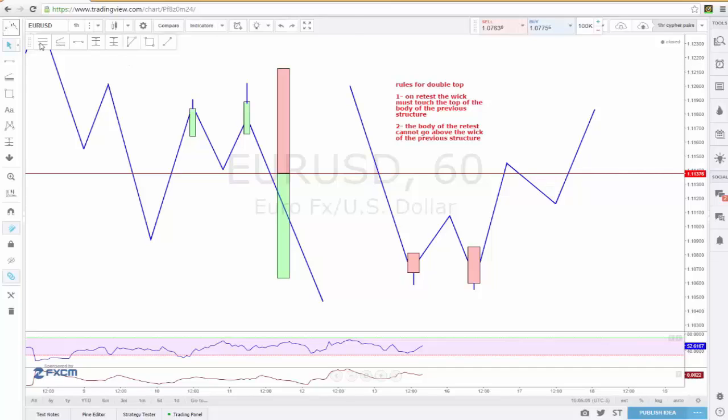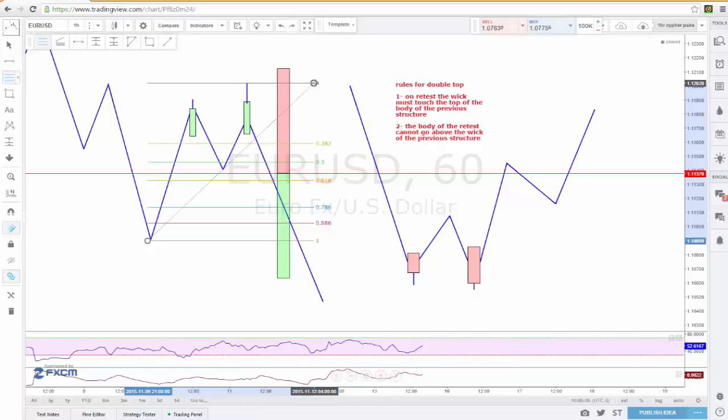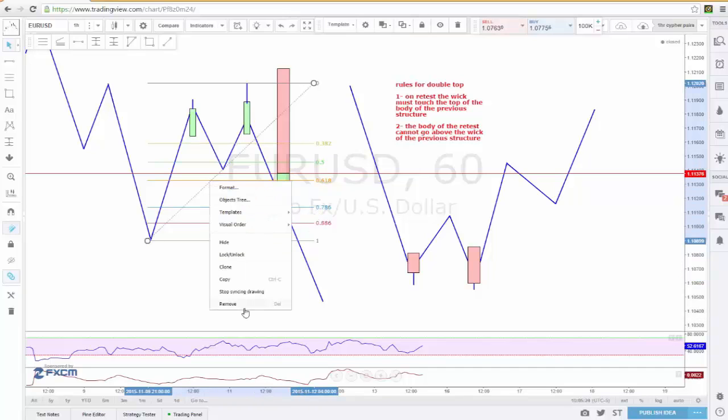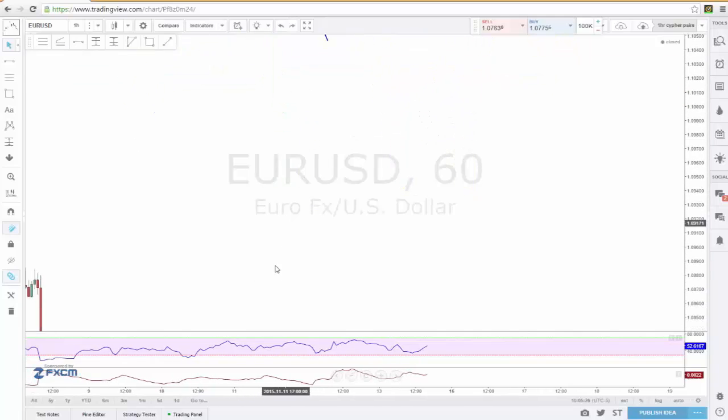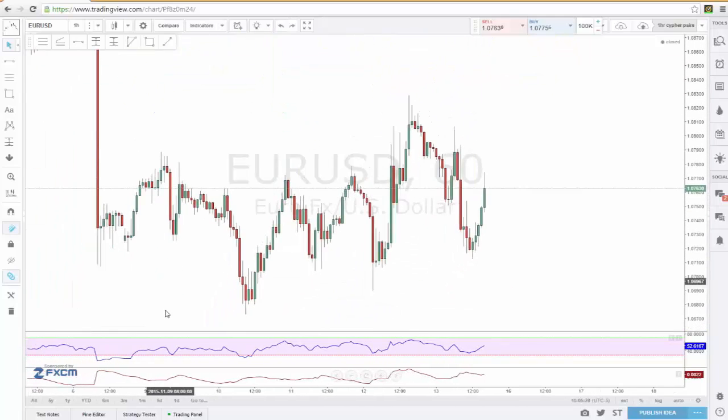For targets, you could take targets at a Fibonacci retracement of 786 or previous structure right here, and that doesn't give you a really good risk to reward, but I'm just giving you more examples of how you could possibly trade this when it comes to stops and targets. Alright, now down to the charts to find some of these examples.